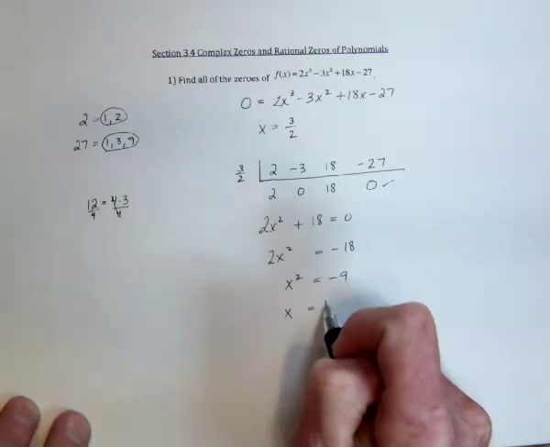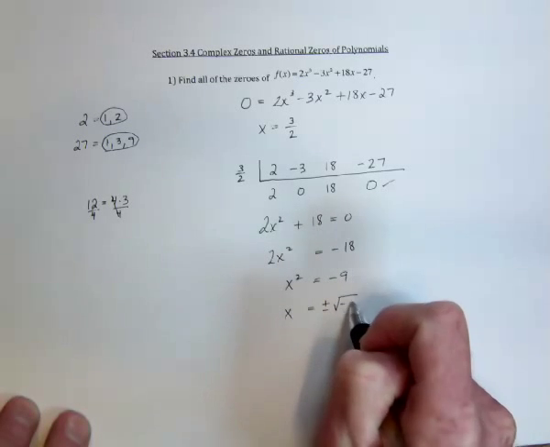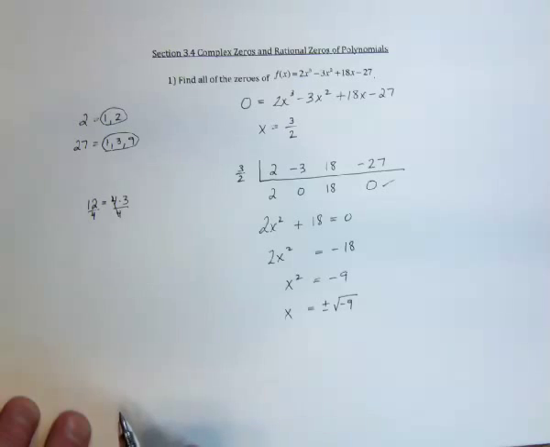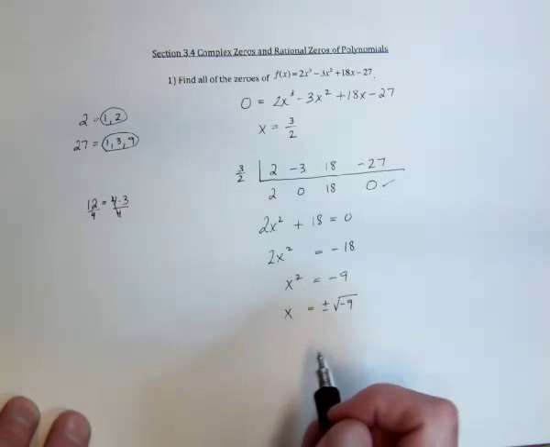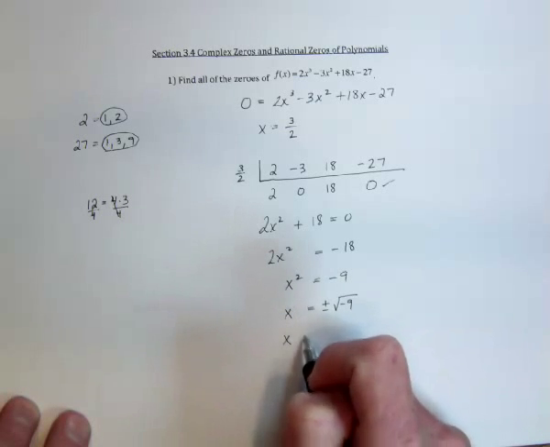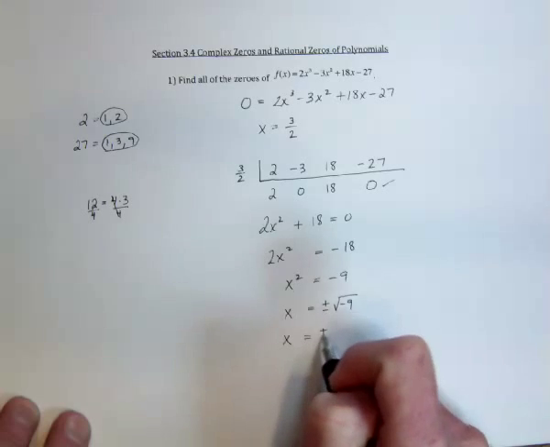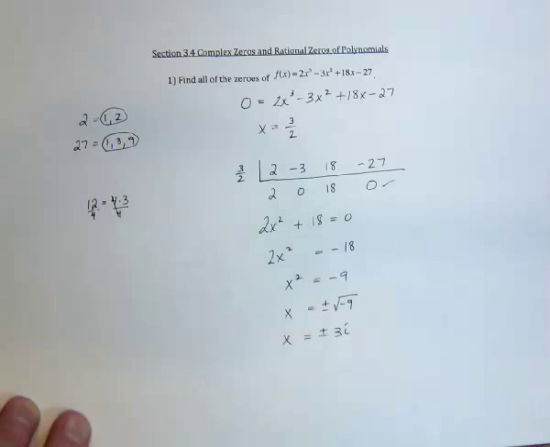So we're going to have positive, negative, the square root of negative 9, which is a complex or imaginary pair of numbers. So it's going to be positive, negative 3i.